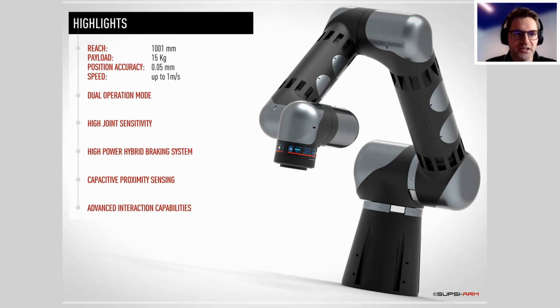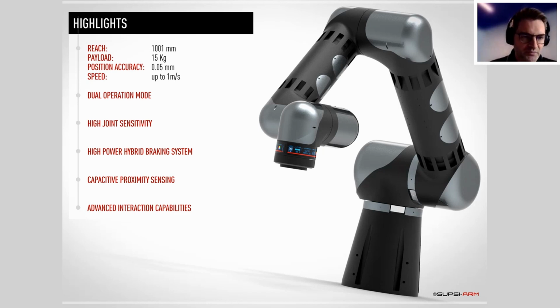So in terms of main specs, you can see the reach is about 1 meter. The robot has been designed with a 15 kg payload goal. The position accuracy, thanks to the vast amount of encoders, is fairly high, 0.05 millimeters, and the speed is up to 1 meter per second in very specific conditions.